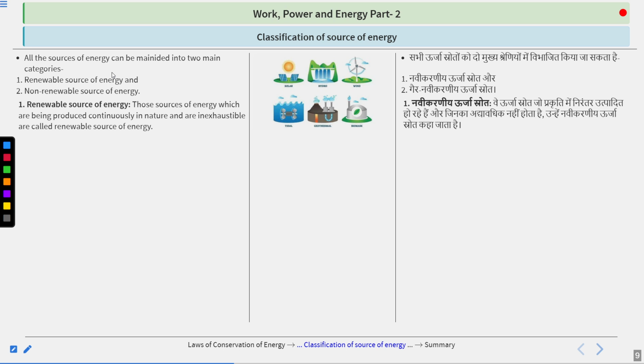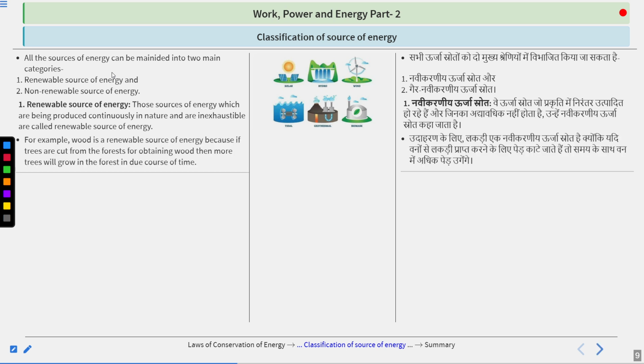They could be renewed after use. Another example is wood, a renewable source of energy, because if trees are cut from the forest for obtaining wood, then more trees will grow in the forest in due course of time, which means wood and its availability can be utilized effectively.